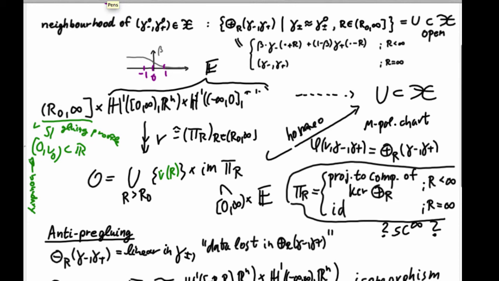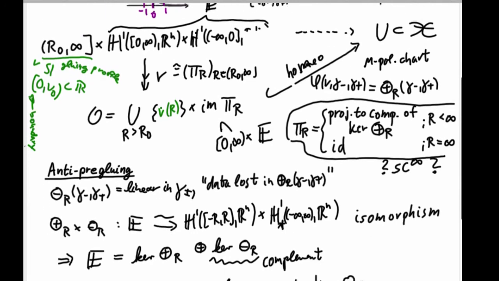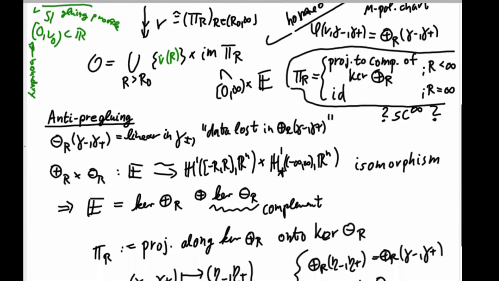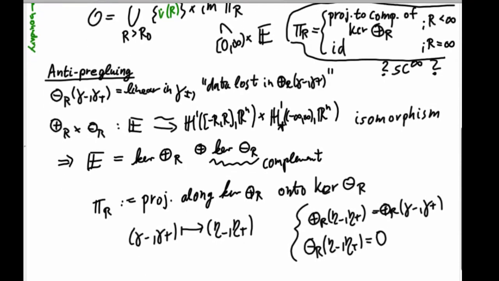Right, so I chose this formula here, and I'm also going to make a choice for this formula of the anti-pregluing. It's going to be a very specific, explicit choice, and then I'm going to run this linear algebra to get the splicing.